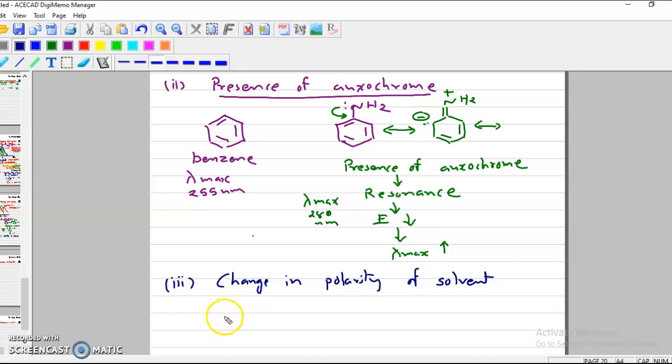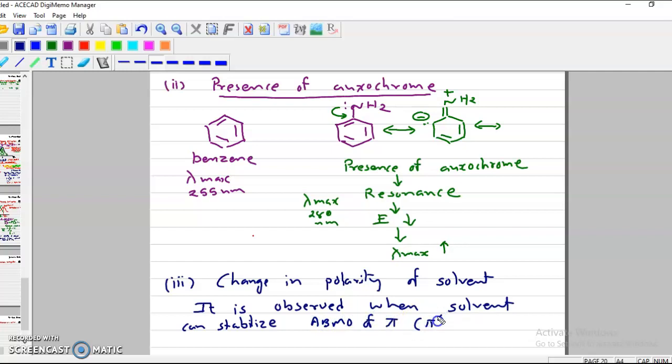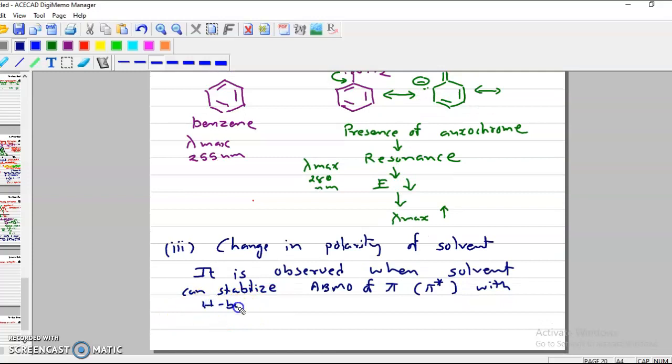It is observed that when the solvent can stabilize the anti-bonding molecular orbital of pi, which is called pi star, with hydrogen bonding in the excited state, then red shift appears.